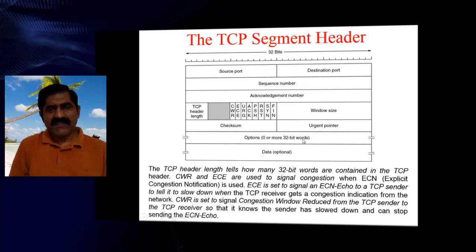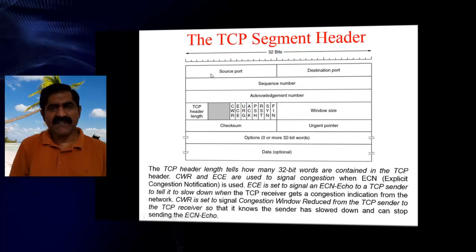Whereas this part is the optional header. You can add more header bits as per the requirement for additional purposes. After that, we add the actual data; we say the payload is added here. So this is the understanding of the TCP segment header. Now we are going to discuss basically this 20-byte fixed header.